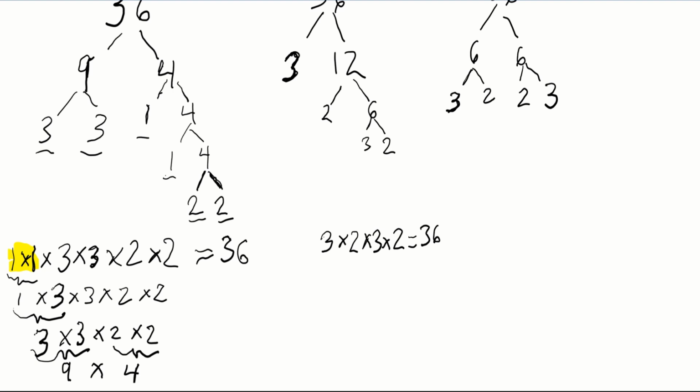And this third tree, we have the same thing, in a slightly different order. So 3 times 2 times 2 times 3, which equals 36. So as you can see, if you write a factor tree all the way down to the point where you only have prime factors, it will be the same.